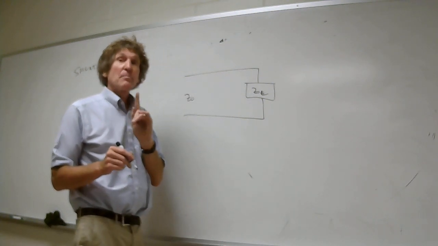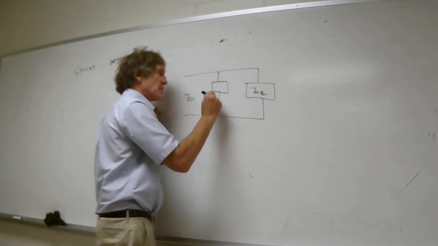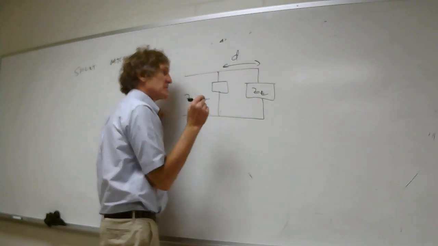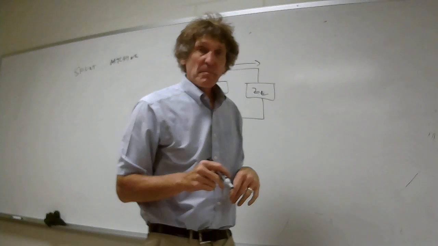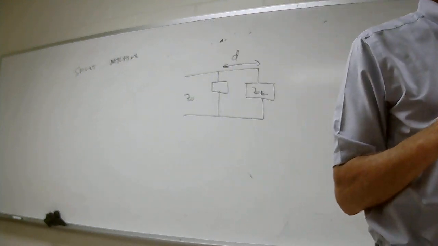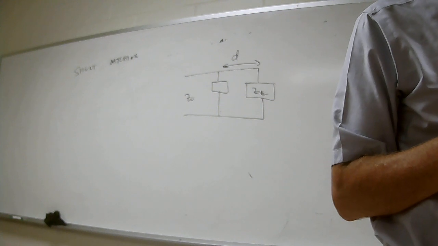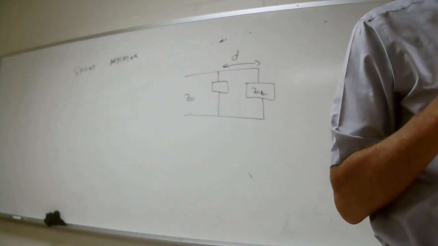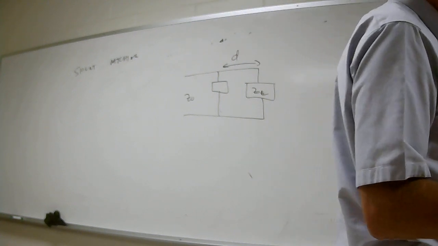But here we're going to put something in parallel. That's the idea. It'll be located at some distance D, and this will have some, now think about this, if you have impedance, 1 over impedance is conductance, it will have a reactive portion of conductance. Now just listen to me so you can follow this.